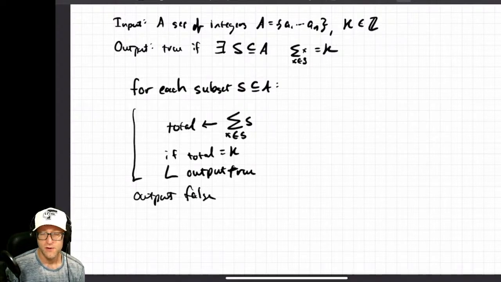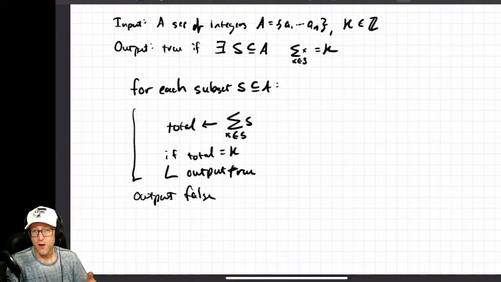Now, as an alternative to this, you could design a backtracking solution where you start adding an element, add an element, add an element, and if you ever exceed the sum of K, then you backtrack. Don't bother adding anything more. The larger subsets are just going to contribute more to your sum, and you've already exceeded K, so backtrack and redo this.